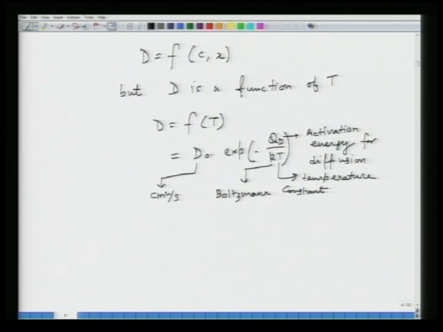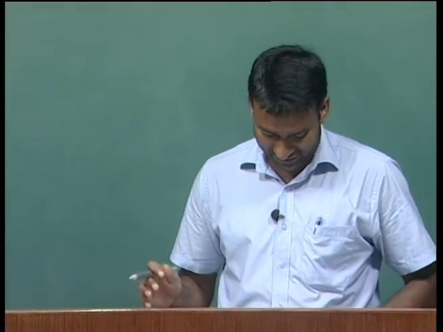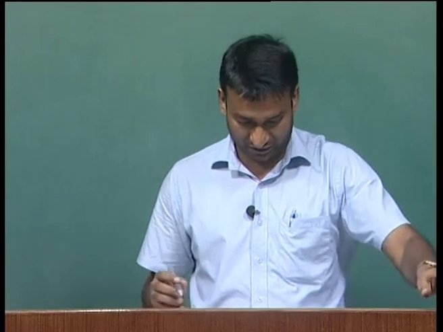So, later on as we go into the module, we will establish a basis for this relation, which is D is equal to D naught exponential minus QD by kT. What is the reason for temperature dependence of diffusivity? Okay. So, at the moment you just keep in your mind that diffusivity, as it is taken in Fick's first law, is a constant independent of concentration and distance, and D naught here is the pre-exponential factor.